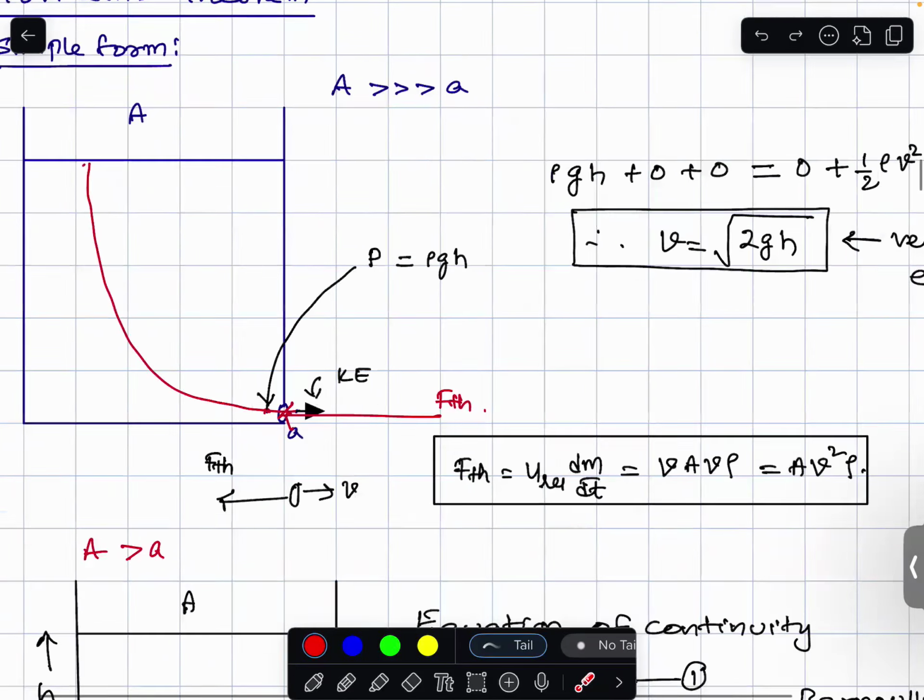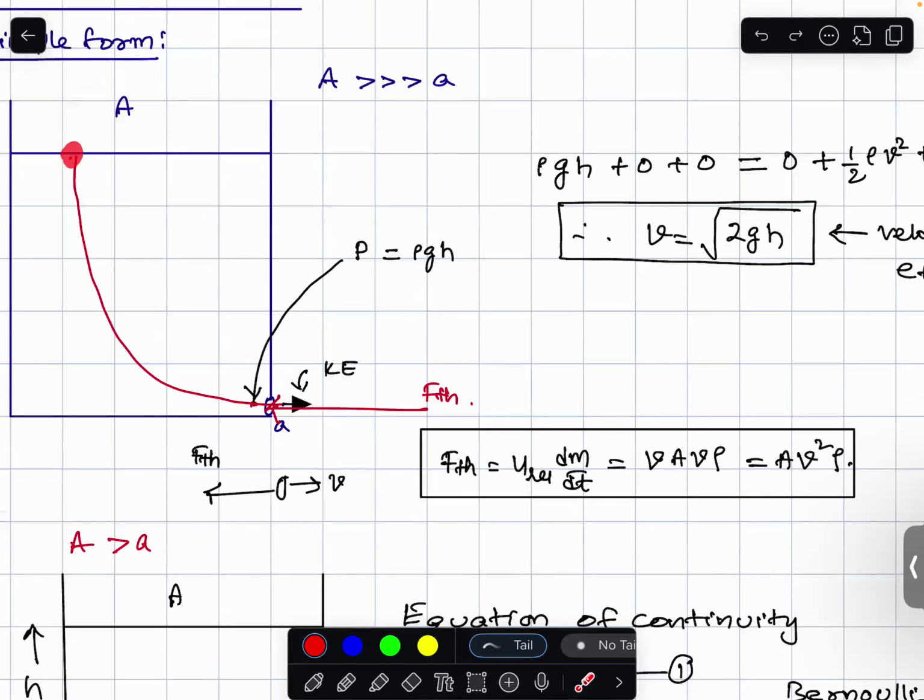Now please try to understand, when this fluid element is here, it has rho g h, and very slowly, infinitely slowly, the level will fall. So the velocity of that can be negligible. Remember, this is true when this is the condition. I'll just give you a simple reason.